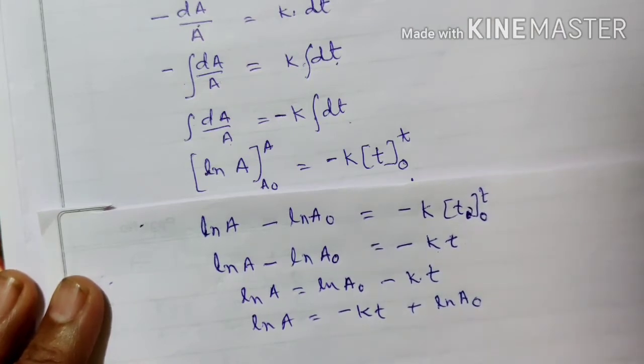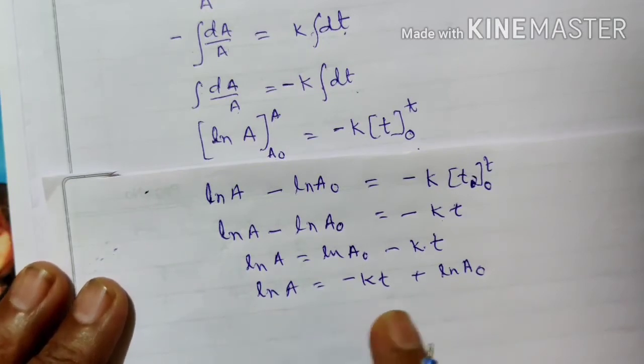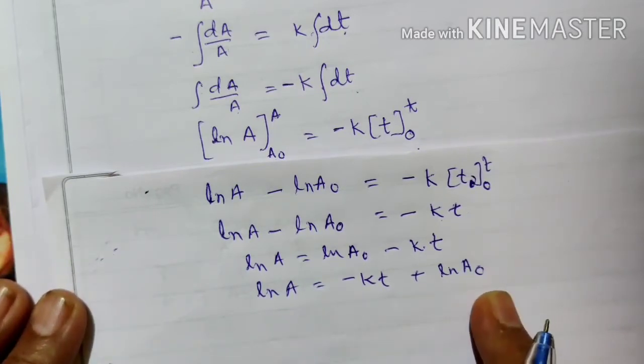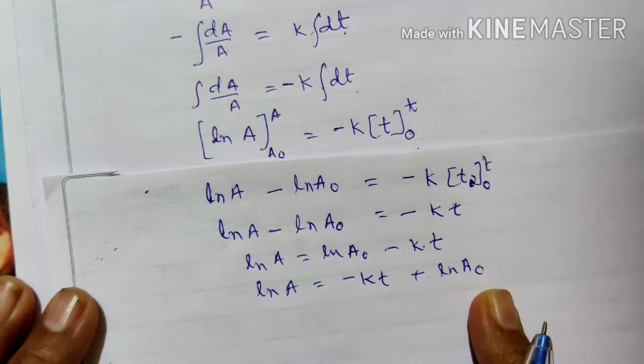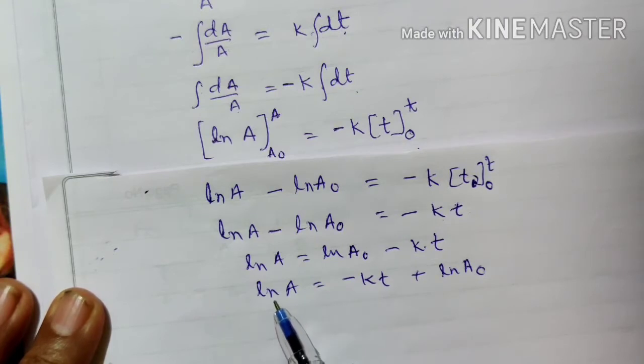Now this will become the equation of the straight line. This is ln A is equal to minus kt plus ln A0. So we will plot the graph for the same equation.